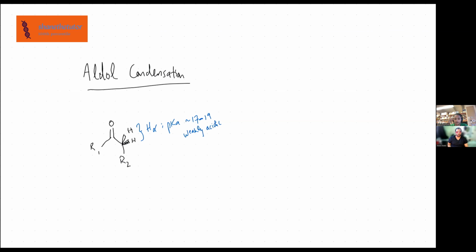And if you have something that's weakly acidic, all you need is to add a strong base, and that base will deprotonate one of these weakly acidic hydrogens, right? That's essentially what happens. So we can have this molecule, and we can have a plus sign, and let's have it be another, I'll say R3.